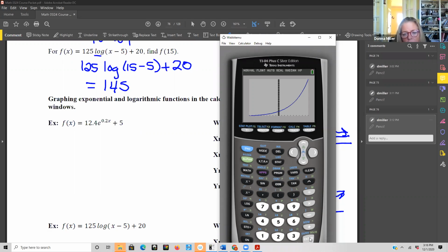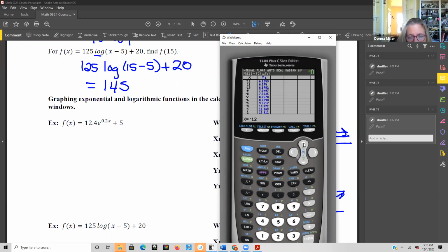All right. A couple things to be aware of. If you go, let's go to the table. If you go to negative X's, if you keep going down and down and down, it doesn't go negative ever.